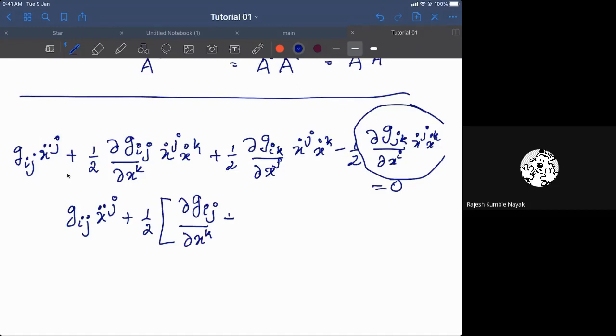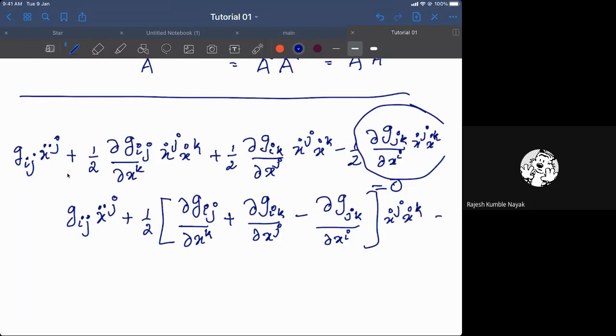There is a negative sign. Half has already been taken out. And the derivative of Gjk with respect to x_i. And then you have x dot j, x dot k equal to 0. So this is the final form of our Lagrange equation of motion.